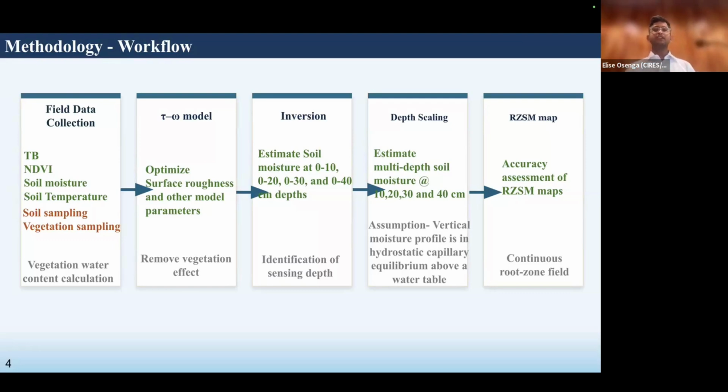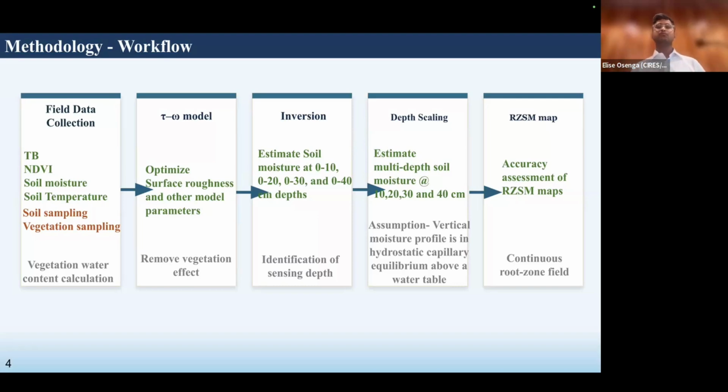Other parameters, such as the vegetation optical depth, are also optimized in this forward tau omega model. Once the parameters are optimized, we use the inversion approach, particularly the single channel algorithm, converting the dielectric constant using Mironov's dielectric mixing model to estimate soil moisture at 0 to 10, 0 to 20, 0 to 30, and 0 to 40 centimeter depth.